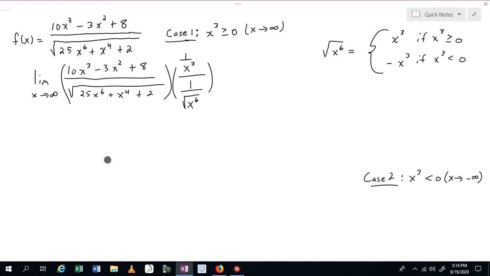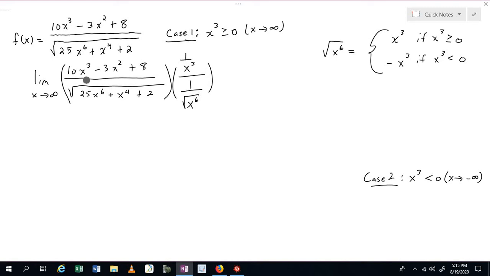So let's see what we get when we multiply by this particular 1. Distribute this to each of those.